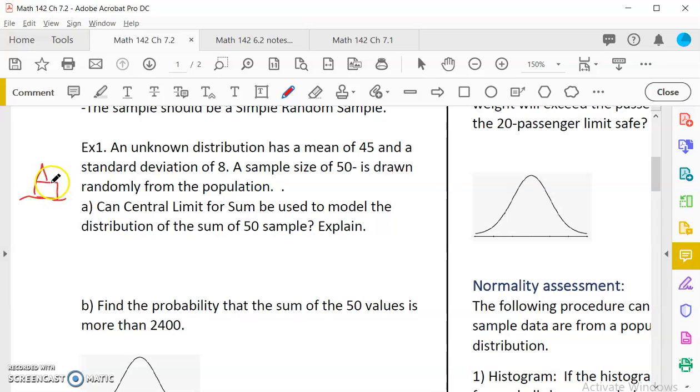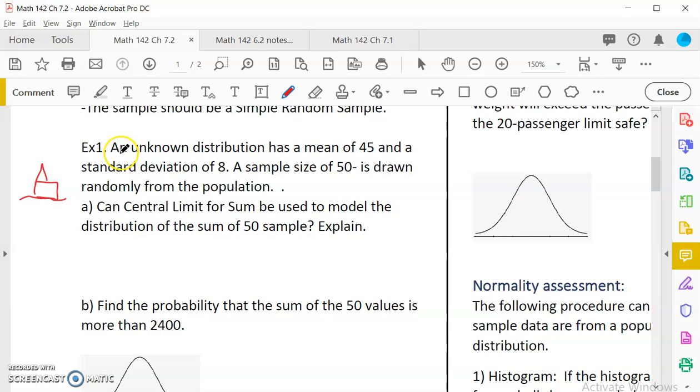Everybody's weight is different, so how can you guarantee that the boat would not be overloaded? Do you use the mean of the weights? A better way is to use the central limit theorem for sum to model the distribution of the sum.